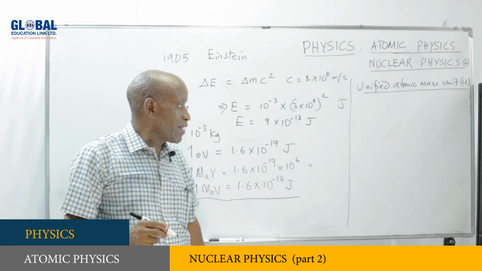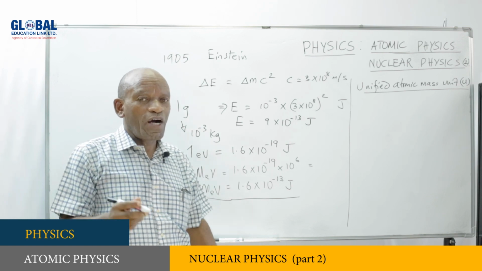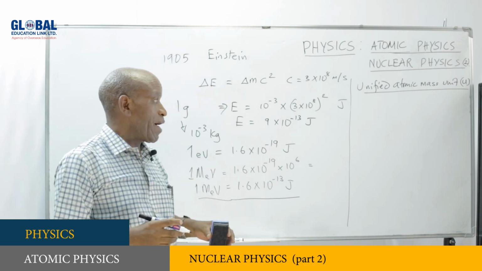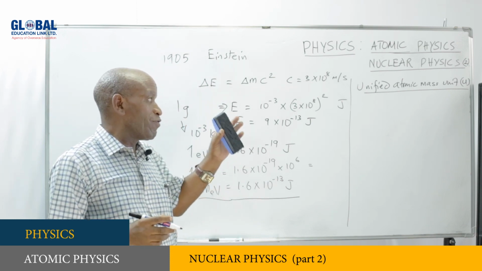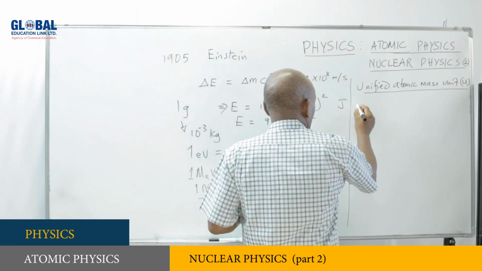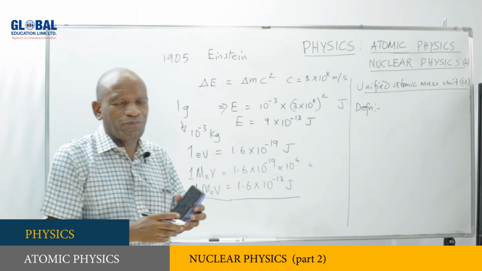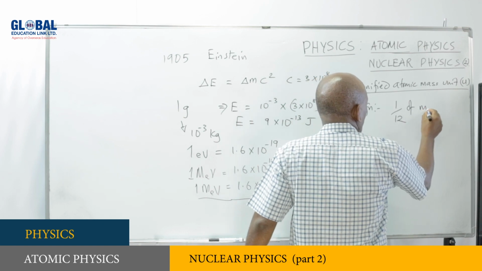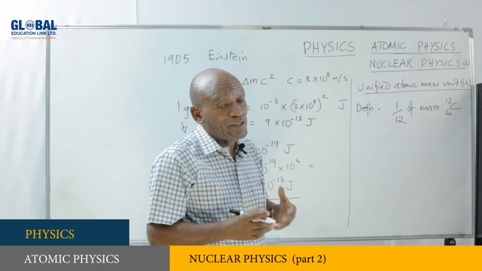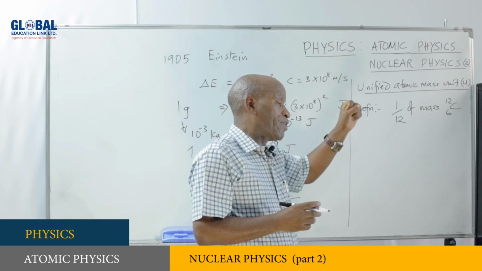The unified atomic mass unit is another way we can have the energy-mass relationship, whereby we have a definition of what we call a unified atomic mass unit. We define this as 1/12 of the mass of carbon 12. That is the energy which can be produced by taking 1/12 of the mass of carbon 12.